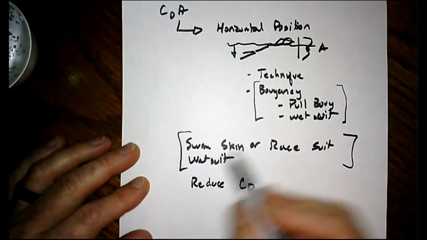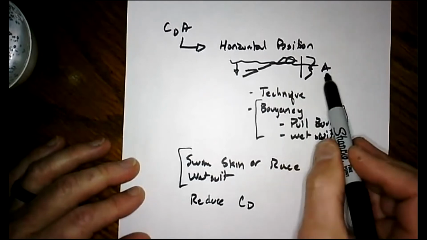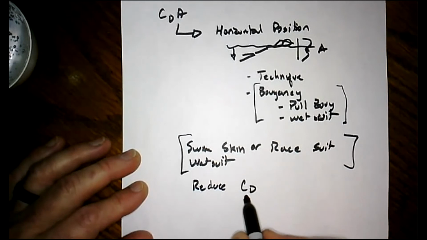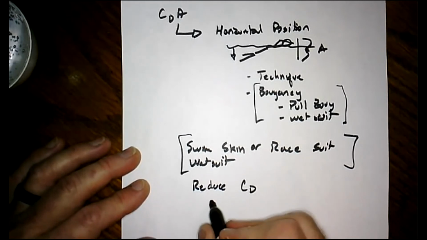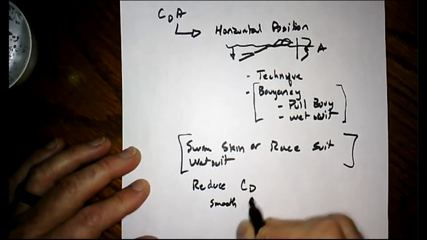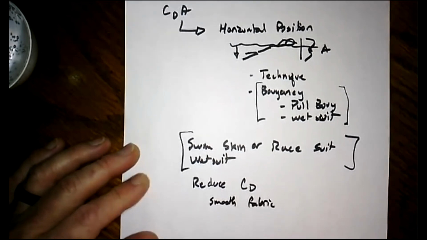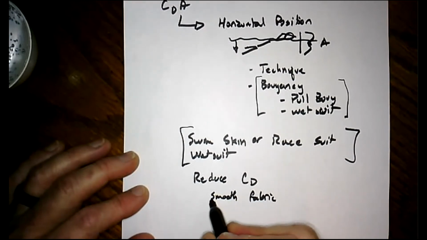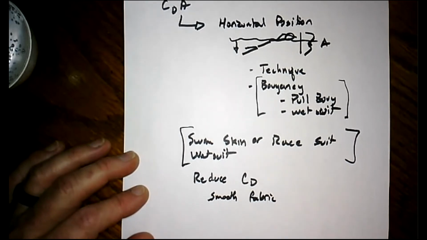Now, the wetsuit also decreases A because it also brings your lower extremity up. But it's really focusing in on reducing CD. The fabric is smooth. The water moves over the fabric easily. It does not allow the water to stick to the skin, and therefore reduces the coefficient of drag.